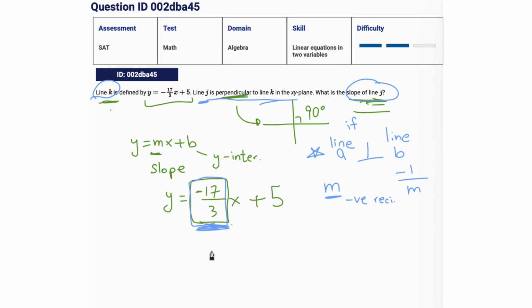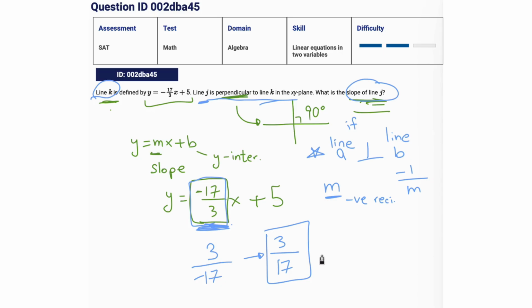Negative 17 over 3. First, let's take the reciprocal: 3 over negative 17. Let's apply the negative sign to this. That would be 3 over 17. So that is the slope of line J. This is the answer to this question.